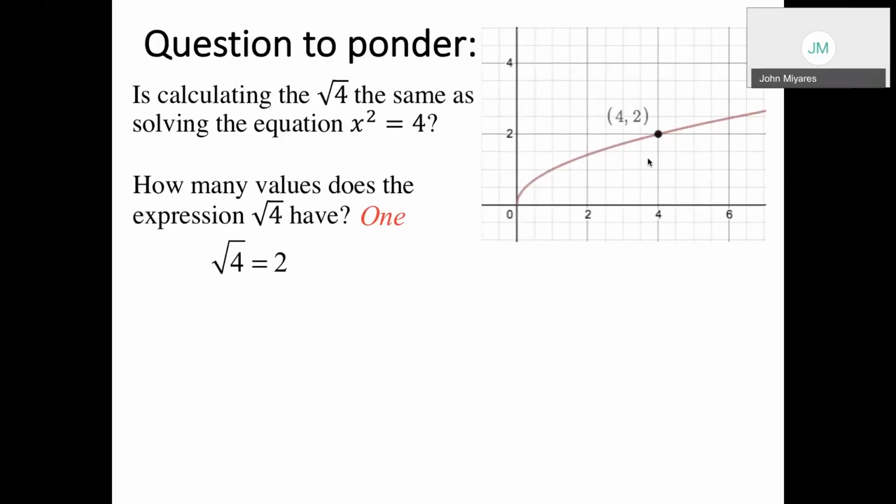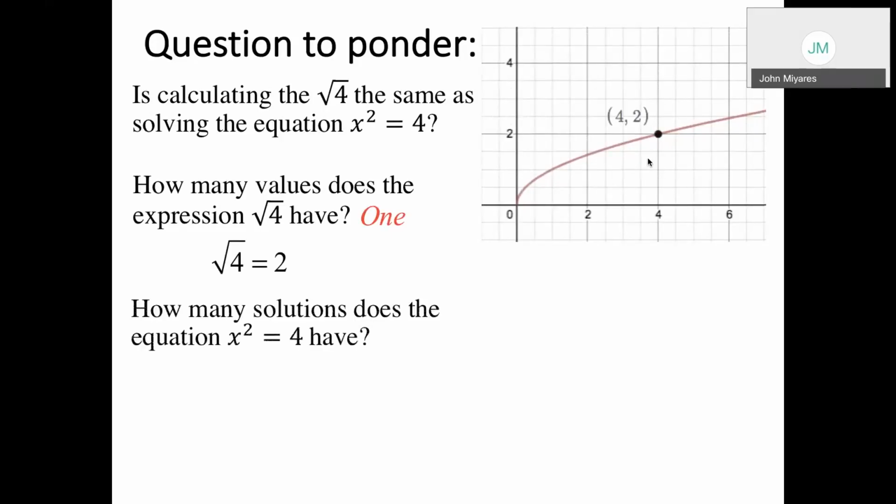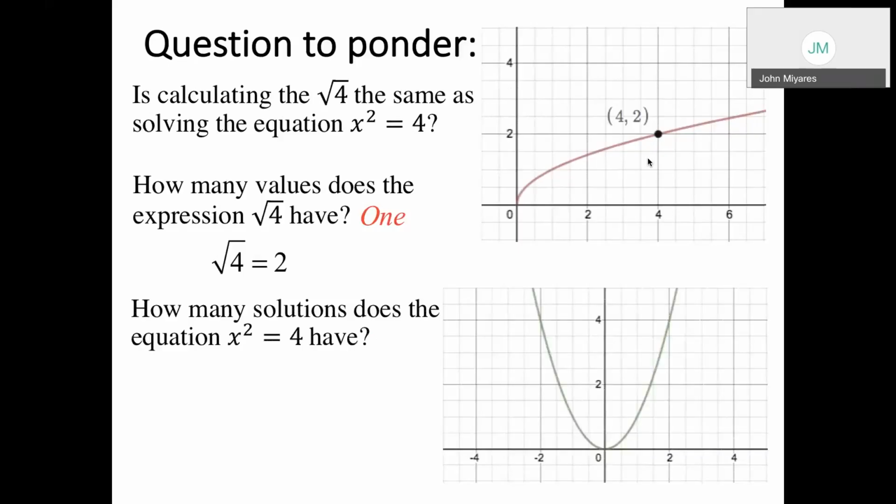Now let's look at this from the other side. How many solutions does the equation x squared equals 4 have? Let's look at the graph of this as well. This is the graph of y equals x squared. And here I'm going to draw a horizontal line through the parabola at y equals 4.